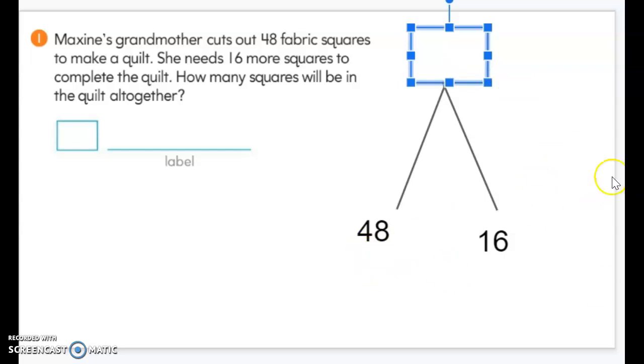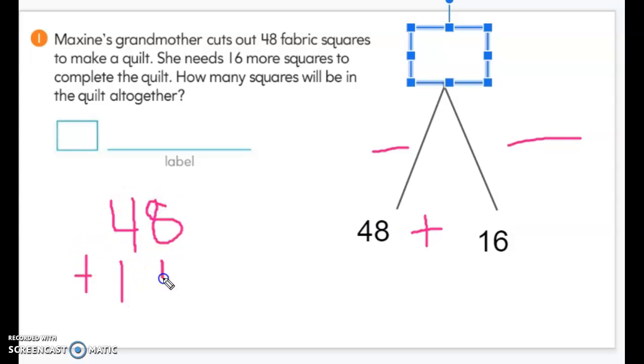So our add-ins are 48 and 16. I can add my plus sign and my minus. And I know to solve this problem, I'm going to do 48 plus 16 equals what? So on the side, we're going to write 48 plus 16 equals what? 8, 9, 10, 11, 12, 13, 14.